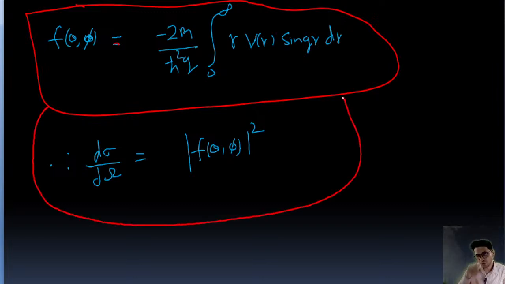You will be asked in a question to find the scattering differential cross section. First you will find the scattering amplitude, then take the mod square of the scattering amplitude, and you will get the required answer, d sigma upon d omega, that is the differential cross section. Okay, well, now the Yukawa potential, guys.